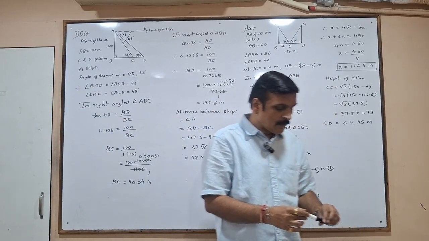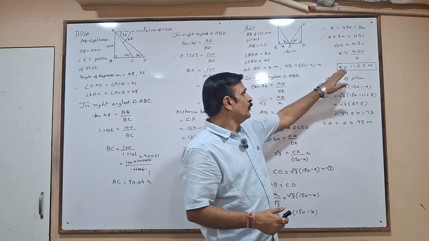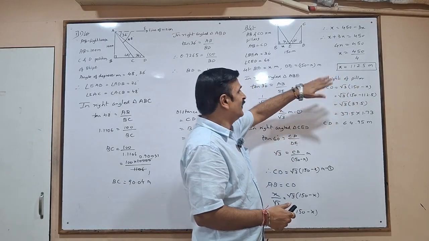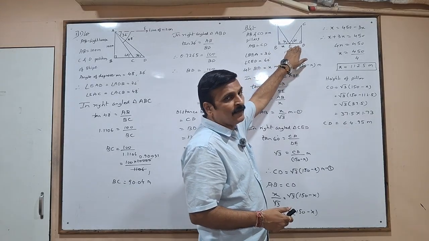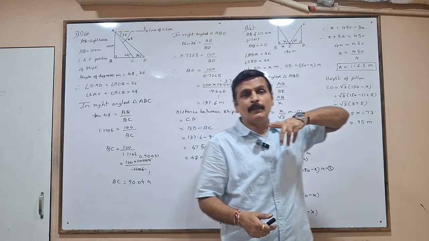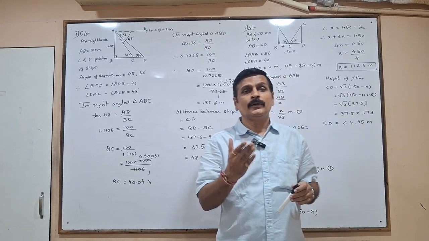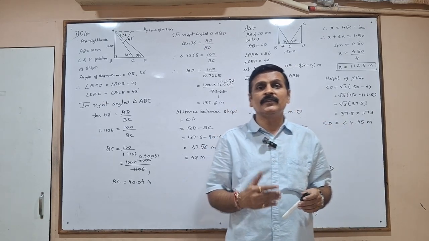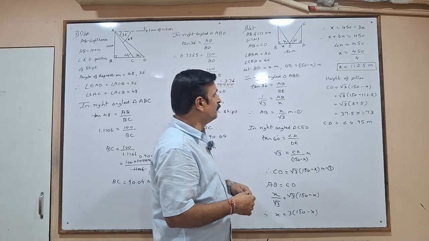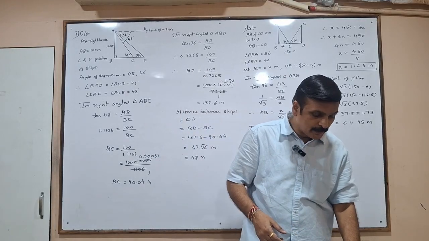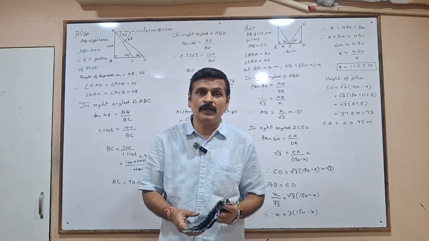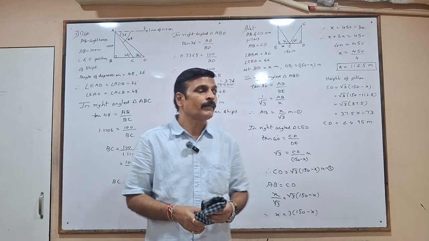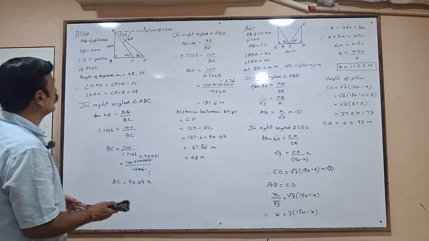Now, sometimes you can state this as 112.5 from AB, 37.5 from CD. It depends from which pillar the distance is calculated, right? It is not the midpoint, so obviously two different answers. I hope both the questions are clear. Let us move on to the next one.